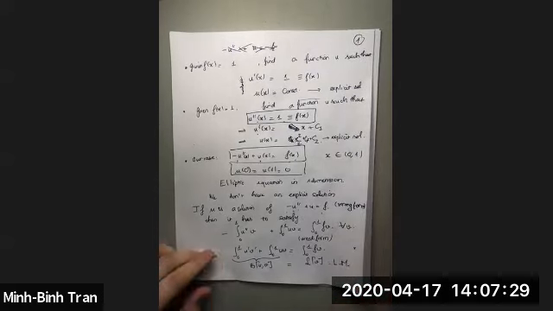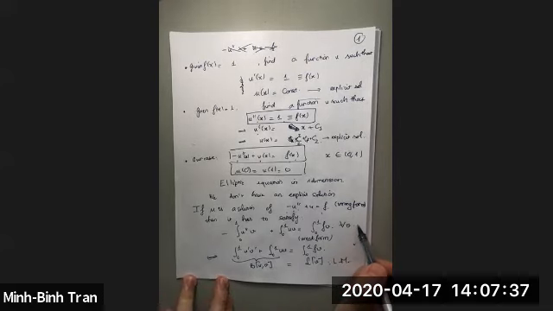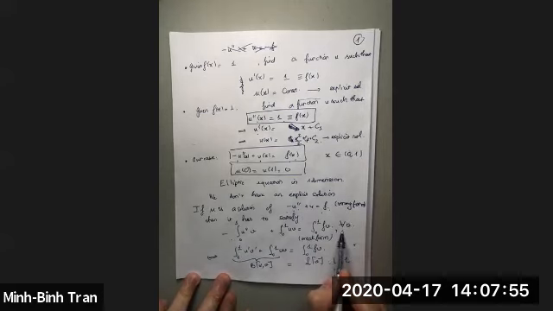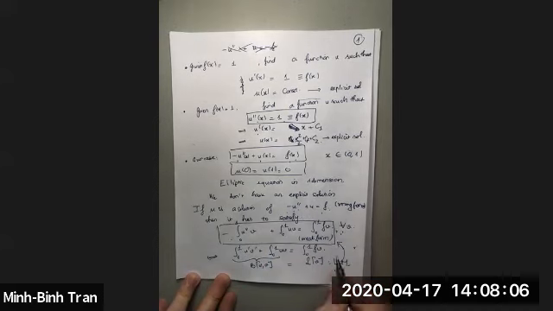The Lax-Milgram theorem ensures that the weak solution exists, but it doesn't ensure that you have a solution for the strong form. Because the strong form is complicated, people turn to study the weak form, and the Lax-Milgram theorem ensures that this weak form has a solution, not the strong form.